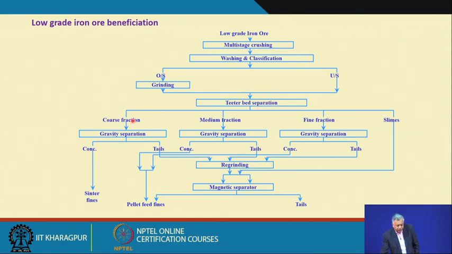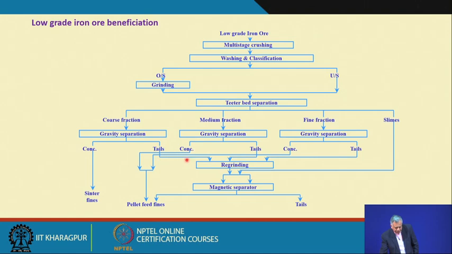The coarse fraction, you are separating it, upgrading it using a gravity separation. From the gravity separation you are getting a concentrate which is called the sinter fines, and the tails are getting reground. We have to follow the arrows.